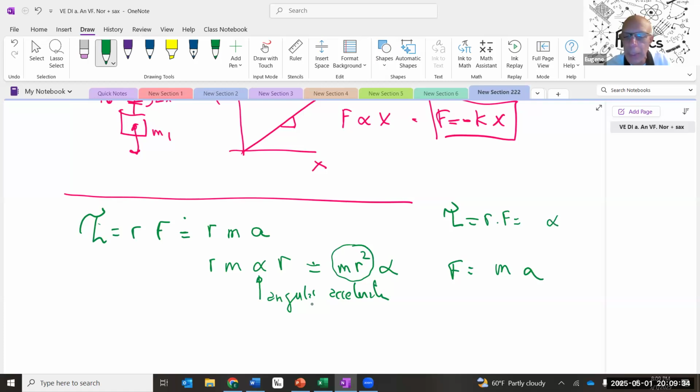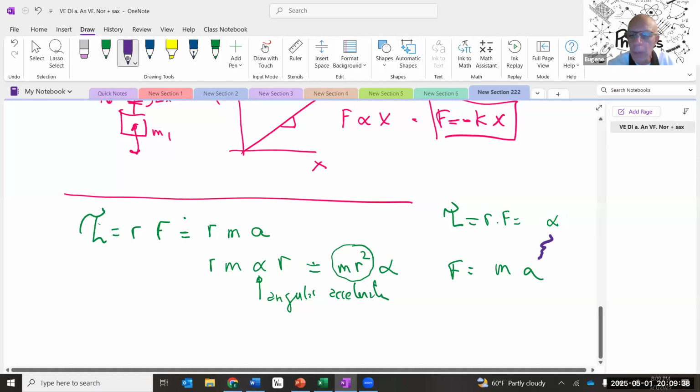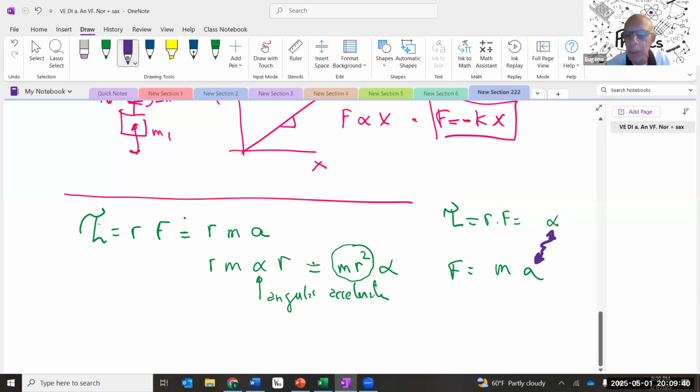So I'm going to write down here alpha, which you can correlate with this acceleration here, and then there is something here that is going to correlate with mass, and I'm going to call that moment of inertia. I'm going to write that here, I, moment of inertia.